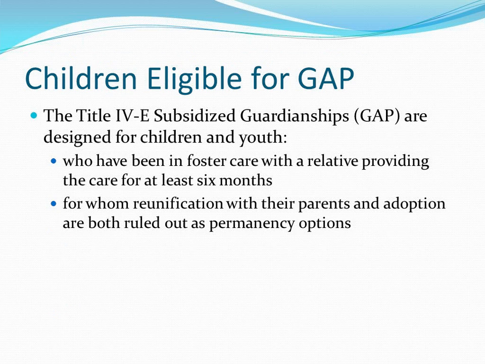In 2008, the federal government authorized the states to operate a federally supported Title IV-E subsidized guardianship program called GAP. It's designed for children and youth who have been in foster care with a relative providing that care for at least 6 months.